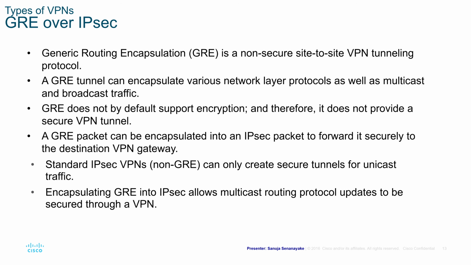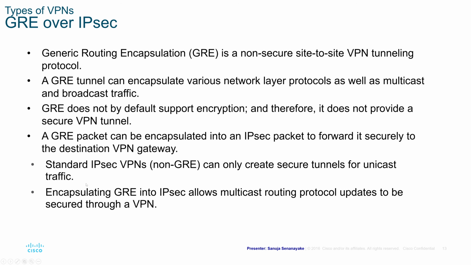If somebody asks you in an exam, why do we even use GRE if it is just a tunneling protocol that doesn't have security? The reason is that we are using GRE in combination with IPsec because standard IPsec VPNs can only create secure tunnels for unicast.